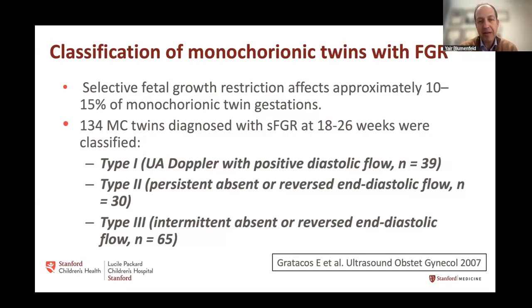Type 1 is when you have selective fetal growth restriction with normal Doppler indices. Type 2 is actually persistent absent or reversed indices, and type 3 is intermittent. So it's sort of counterintuitive. It's not increasing severity. So really, type 2 is the worst, and type 3 is just intermittently absent or reversed.